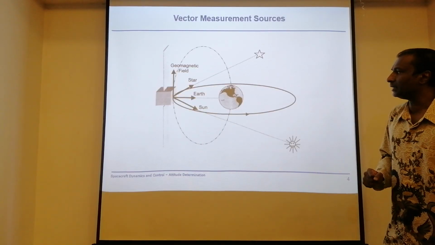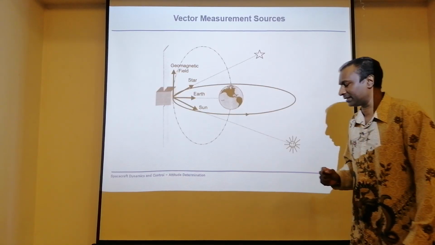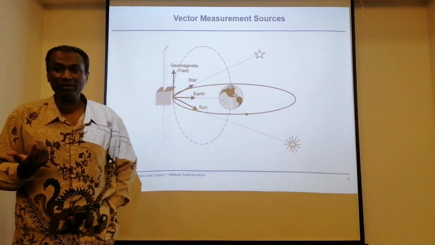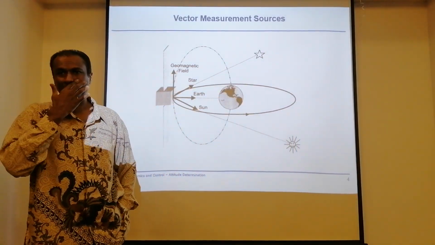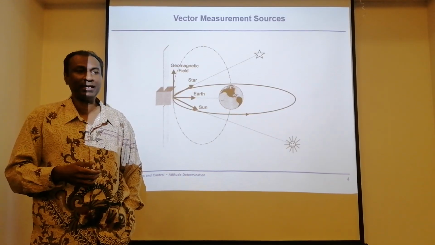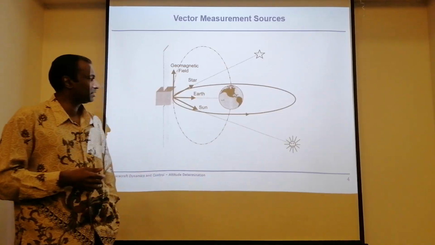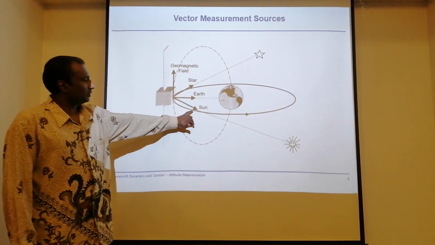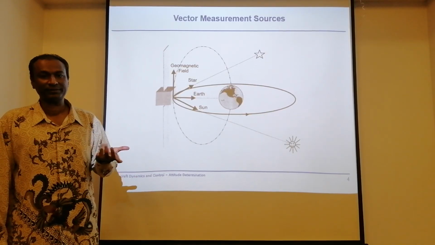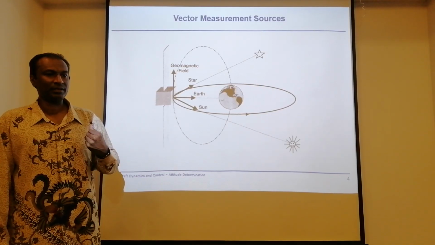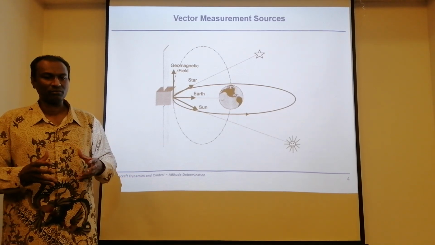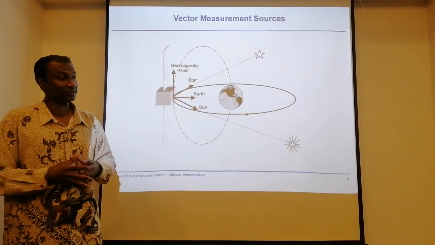Now, when the satellite flies, we may use some landmarks or objects in space which can help us to do the actual estimation or determination. The sun can help us, because we have sun sensors. In satellite technology, you've been exposed to all sorts of sensors on board a spacecraft.